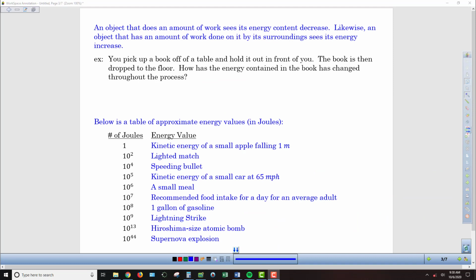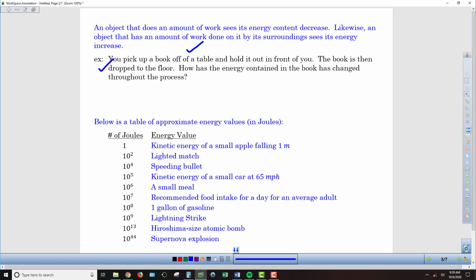Now as we mentioned, energy can take a variety of different forms and it can change through a series of processes that are applied to an object. So, for example, if we take a book and we lift it off of the table, it was at rest, but now we lift it from the table, so we've given it some potential energy. We've done work on the book, so we've increased its potential energy. Then we drop it, and that energy converts from potential to kinetic energy.